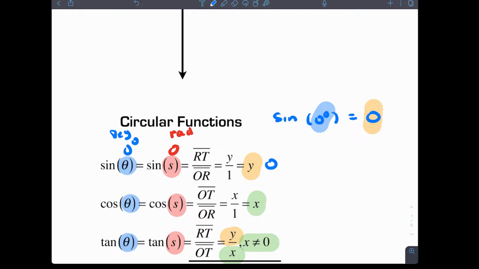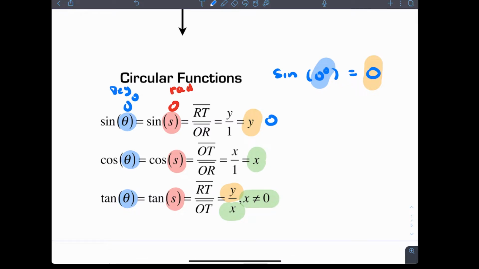So ladies and gentlemen, you can find all 6 trig ratios just looking at that ordered pair. X is 1, Y is what? 0. So you say, what do you mean X is 1? Well, what's cosine? Cosine's 1 because the ordered pair is X is 1, Y is 0 on the unit circle.